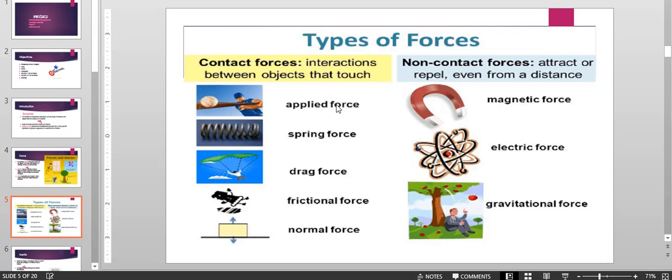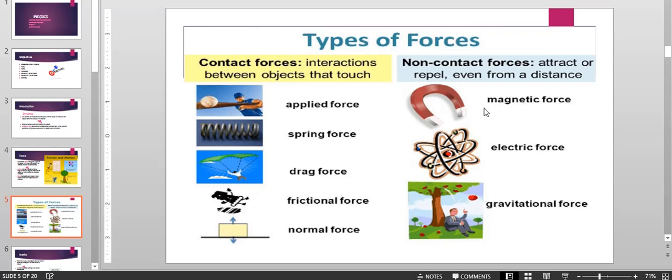Some of the contact forces are applied force, as you can see in this, spring force, drag force, frictional force, and the normal force.